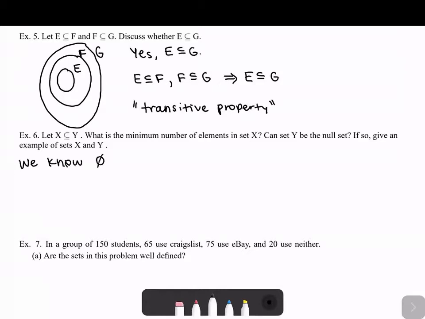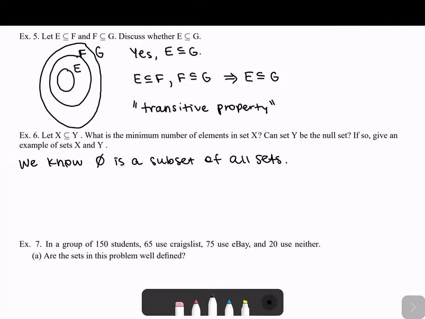that the empty set is a subset of all sets, right? So we know that the empty set is always a subset of any set that we're given. The empty set has 0 elements.